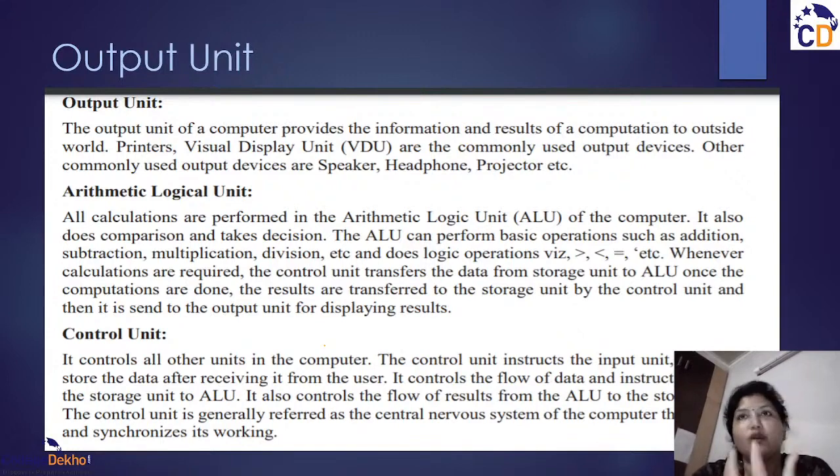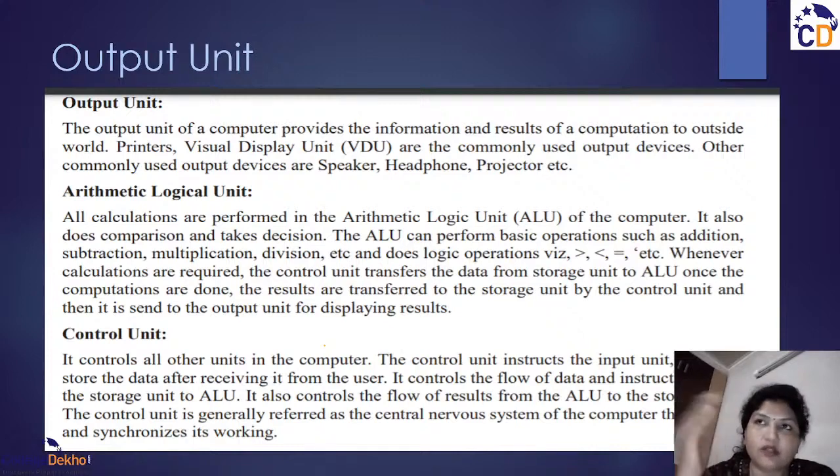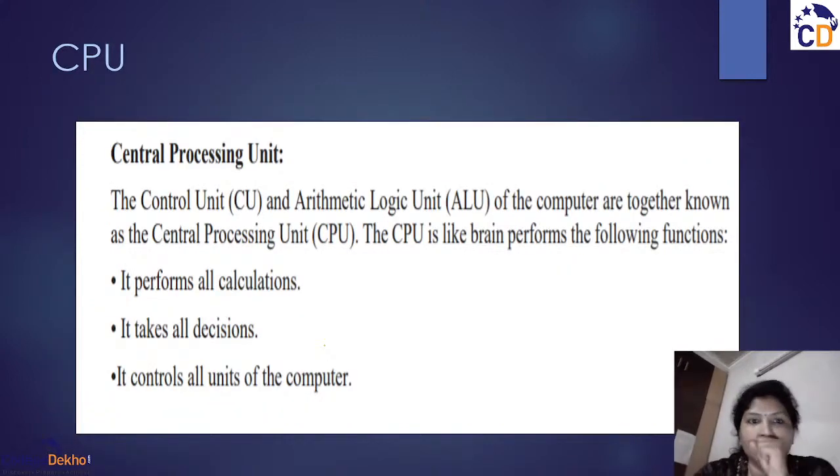The control unit is, you may say, the heart of the computer system, the core part, because it is managing the inside as well as the outside. Whenever the ALU processes the result, it is stored in the storage unit, and now it is going to be displayed on the output unit, right?